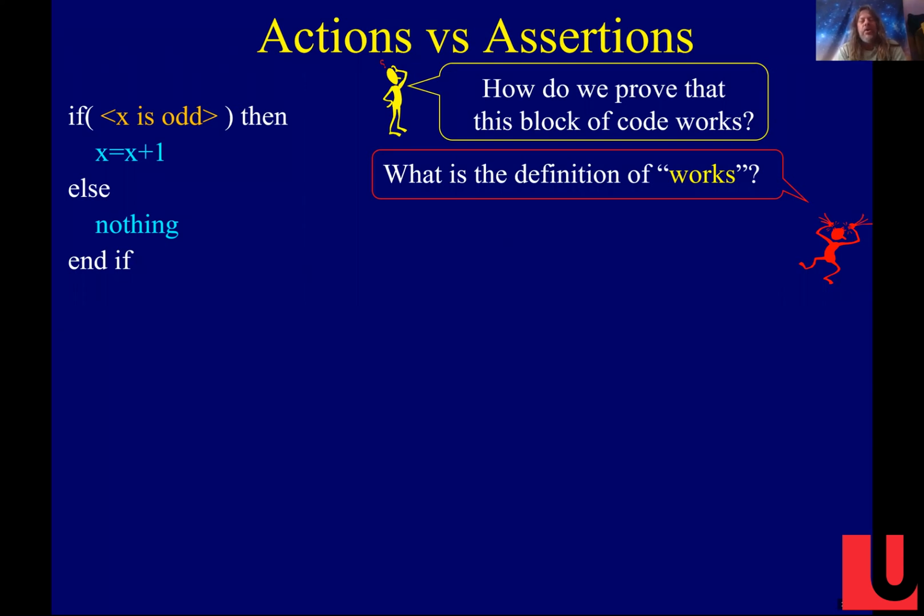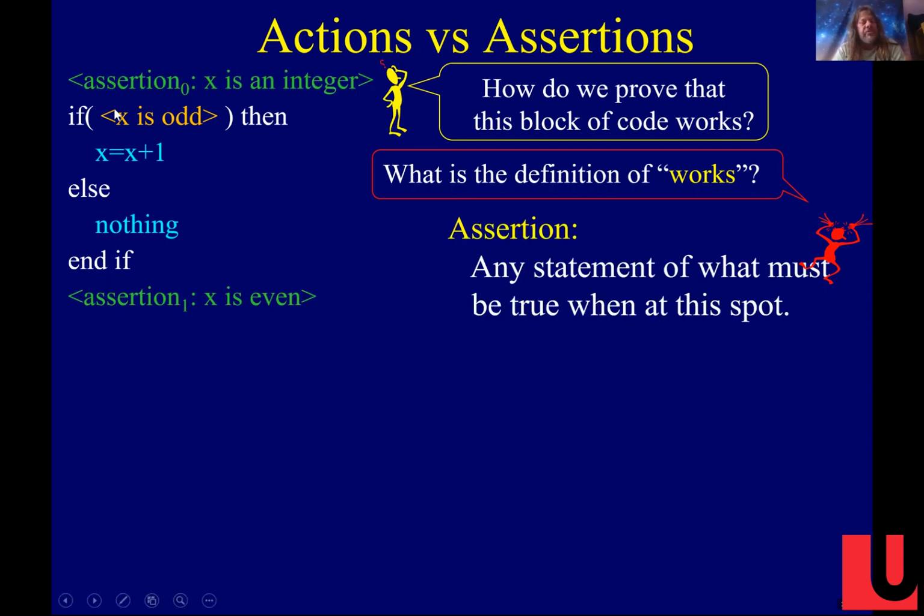So we're going to put in these assertions, an assertion before the code and an assertion after the code. And what is an assertion? It's any statement that must be true when you're at that spot in the code. Feel free to ask questions, though I think it's pretty straightforward compared to what we've done in the past.